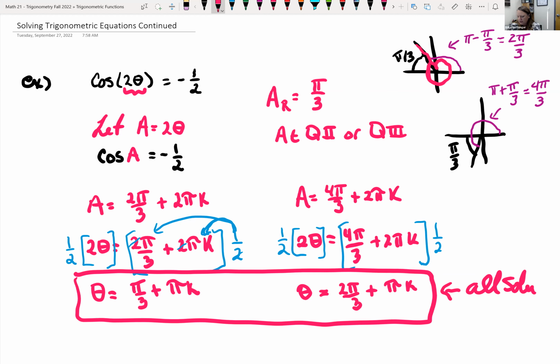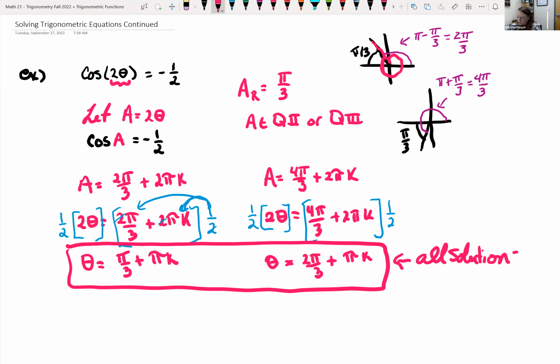If they limit the domain, so if they wanted all solutions, find all solutions between 0 and 2 pi. If that's the case, this is where we choose values for k, and we plug it in there when we figure out what theta is.